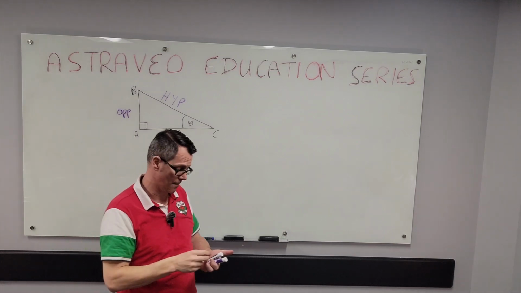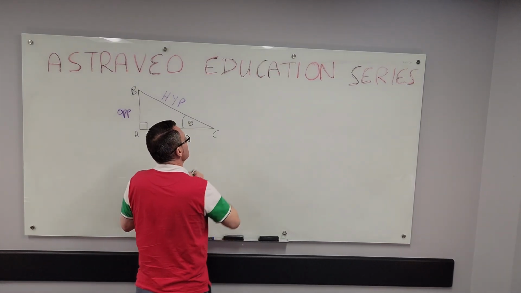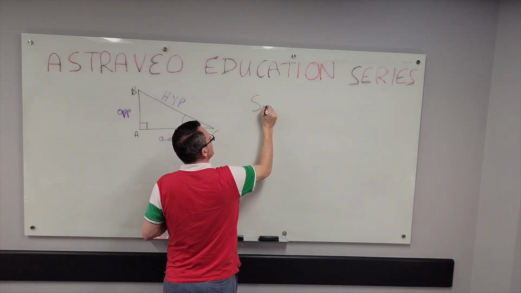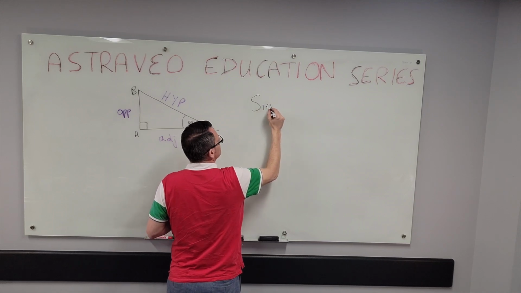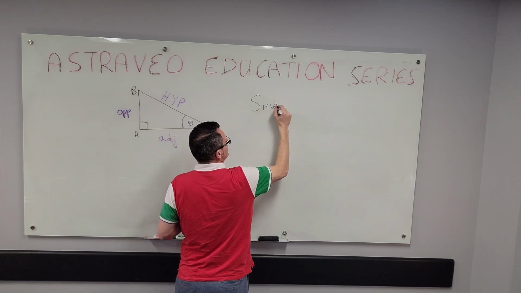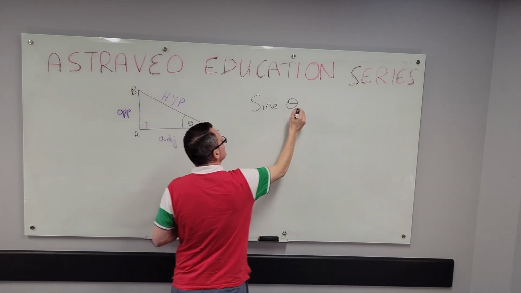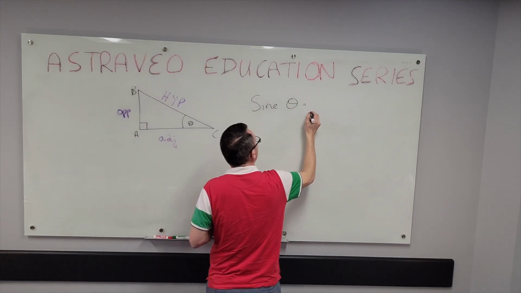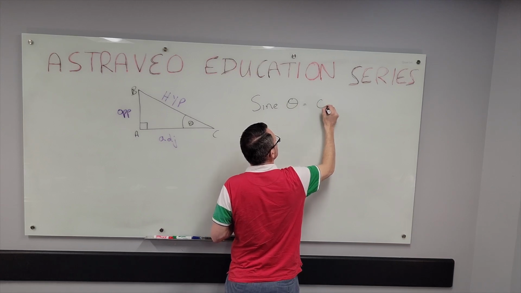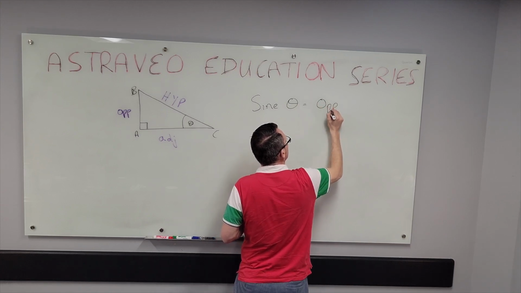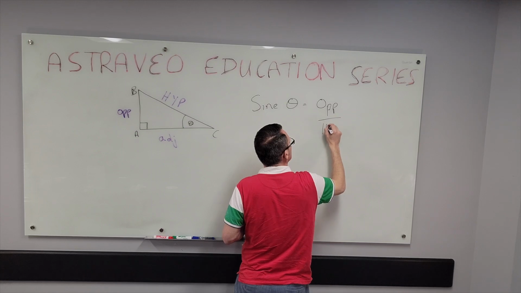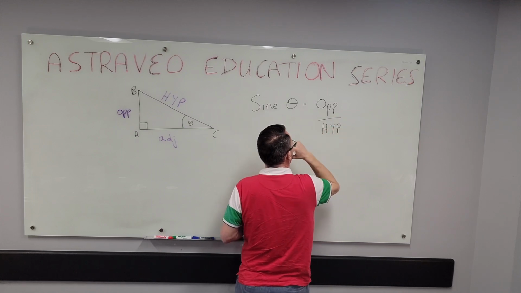We just have three. We have sine of theta. Now it's normally written as sin, but it's actually with an E. So sine of theta equals the opposite divided by the hypotenuse.